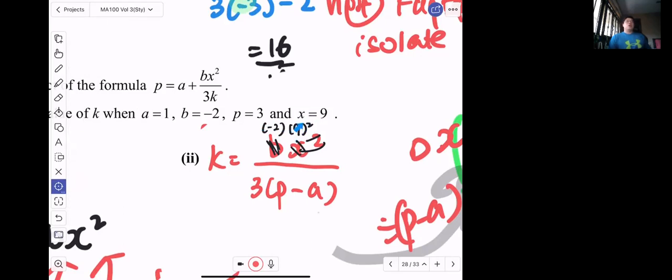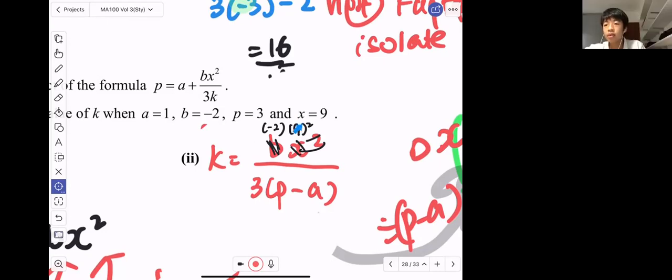So negative 2 multiplied by 81. 9 power 2 is not 9 times 2. 9 power 2 is 9 multiplied by itself.